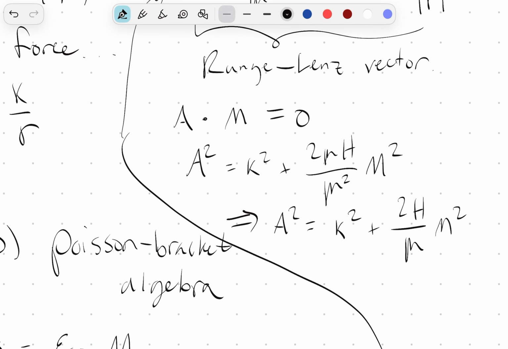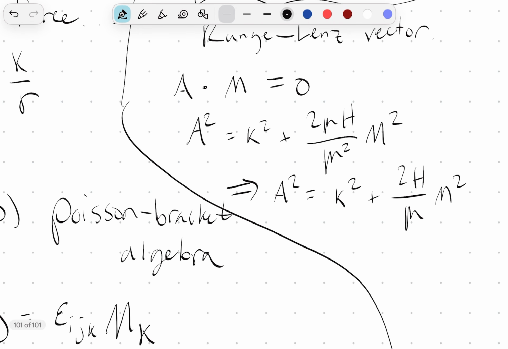Basically, it's related to the energy. All right? So this vector itself can be related to the energy with these conserved quantities and this attractiveness of that force that's keeping the orbit together. Not assuming an orbit yet.